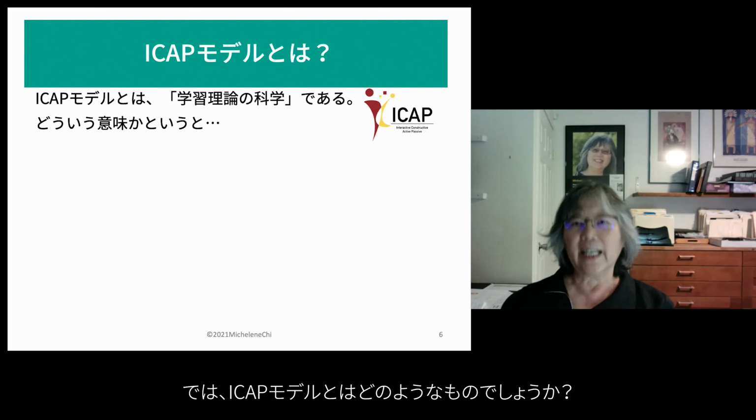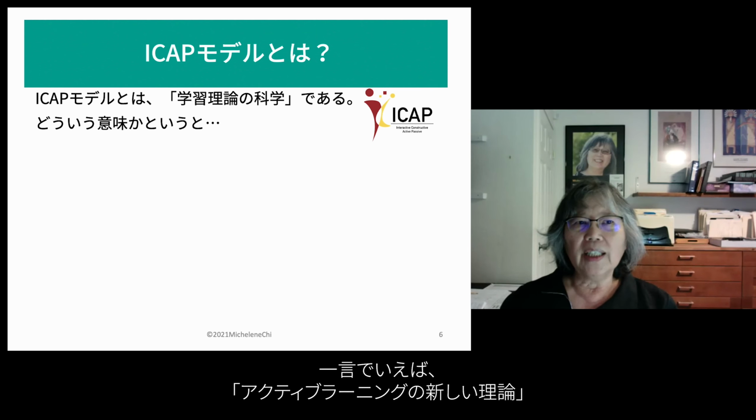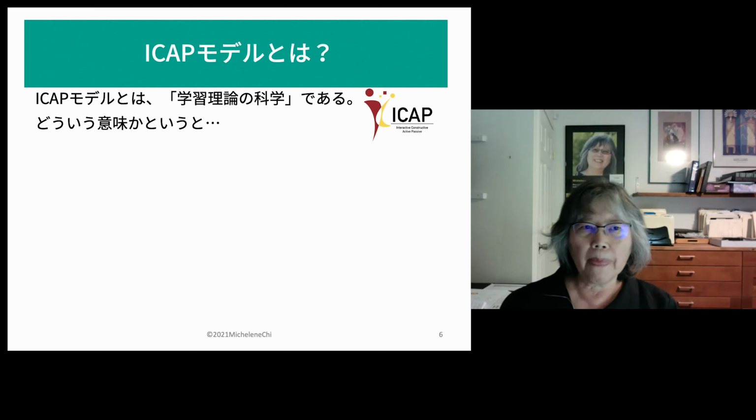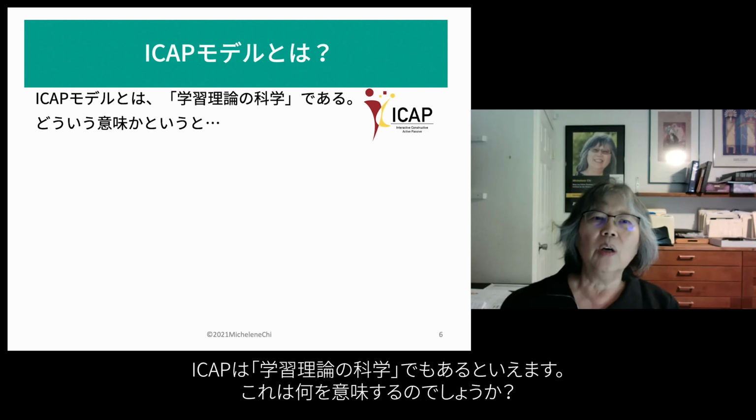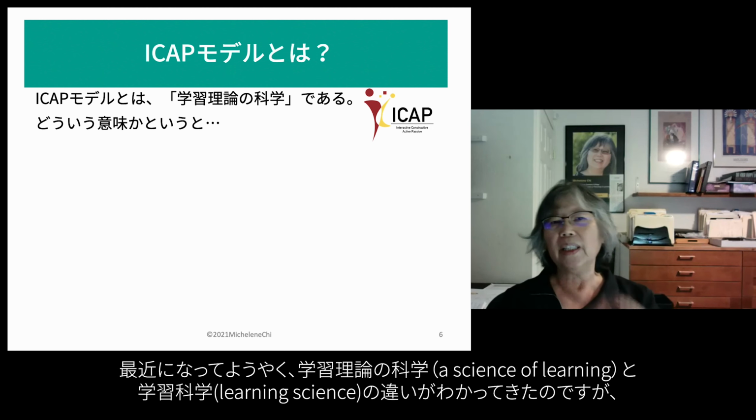So what is ICAP? First of all, it is a theory of active learning, but ICAP is also a science of learning theory. And what does that mean, science of learning theory? I've only understood this myself recently. That is, what is the science of learning versus the learning sciences?